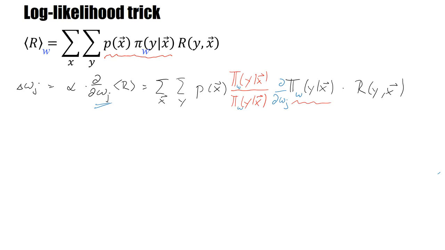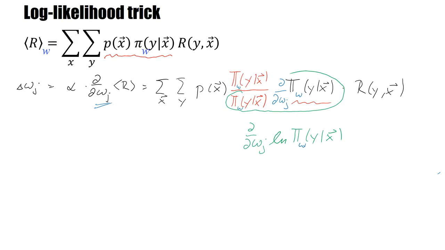And now I take the denominator here and I combine it with this derivative, and I say, well, this is actually the d/dwj logarithm of p of y given x, and this policy depends on w.